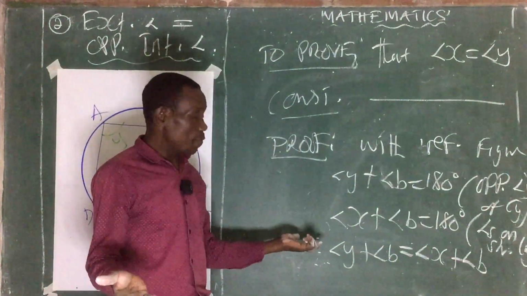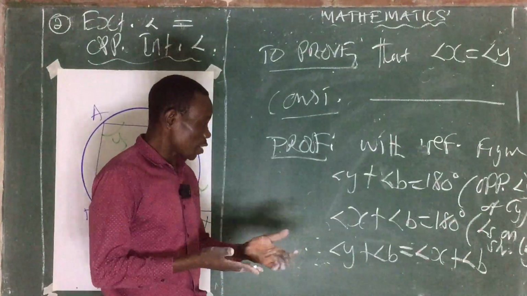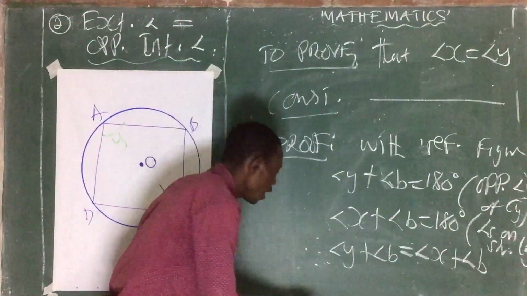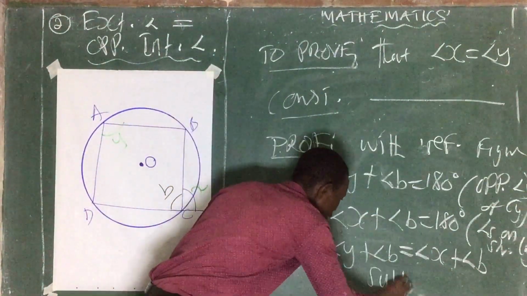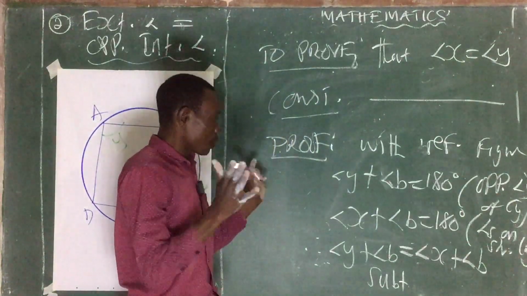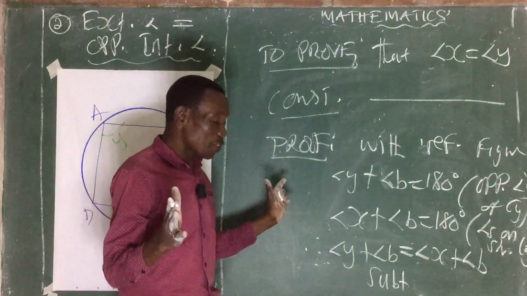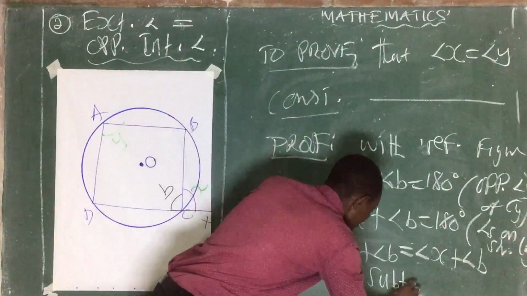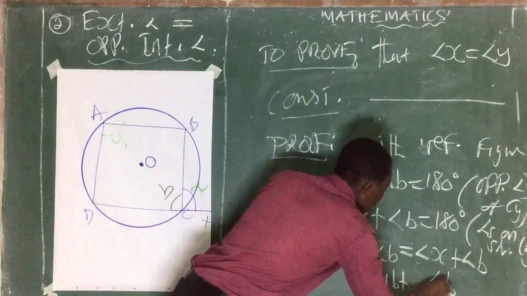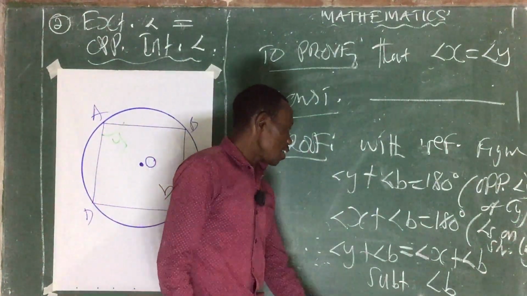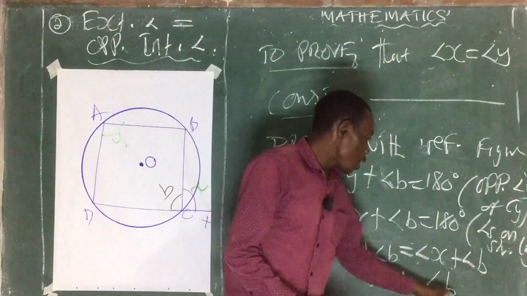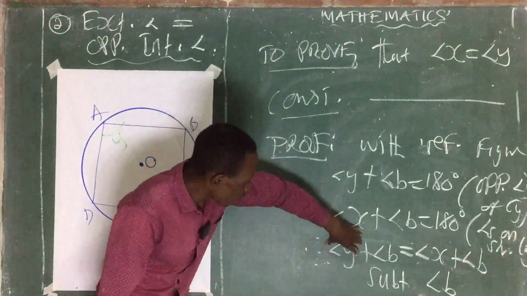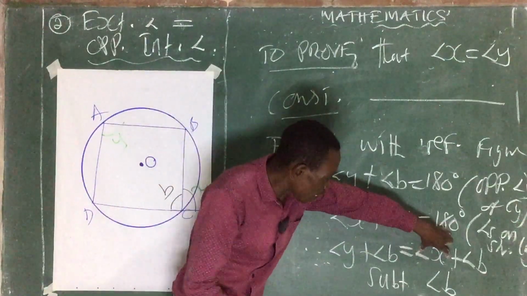What if we subtract B from both sides to maintain the balance of the equation? We have to subtract the same quantity on both sides, so we are not violating the rules of the equation. We remove B on this side, and we subtract B from that side. At the end, we only have Y on this side and only X on that side.